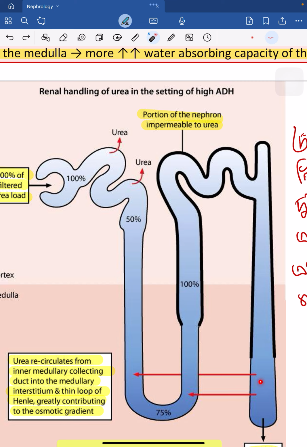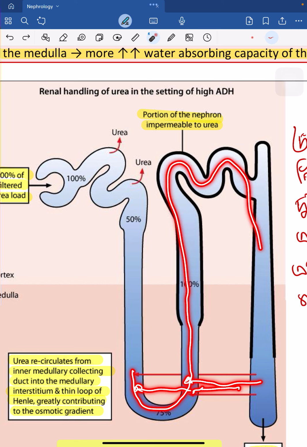So urea diffuses through this interstitial space along the concentration gradient by passive diffusion into the loop of Henle. So in this area, urea again goes through this pathway and comes to the collecting duct and helps to absorb water in this interstitial space.